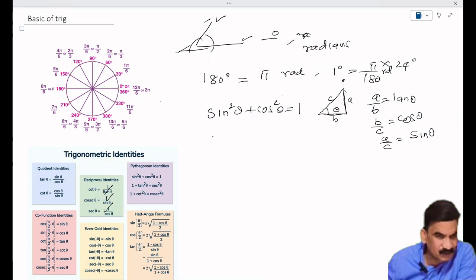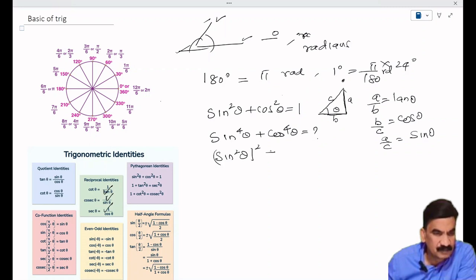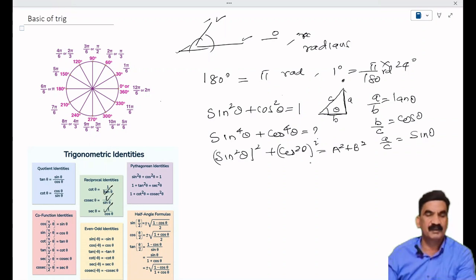Someone might say, look, I want you to evaluate this particular thing: sine to the 4 theta plus cos to the 4 theta. Now, what is it? I could just write it as sine square theta whole squared plus cos square theta whole squared. This looks like a squared plus b squared, which is nothing but a plus b whole squared minus 2ab.